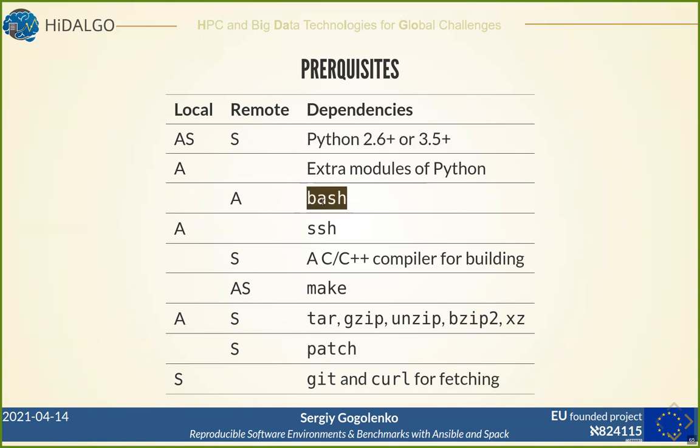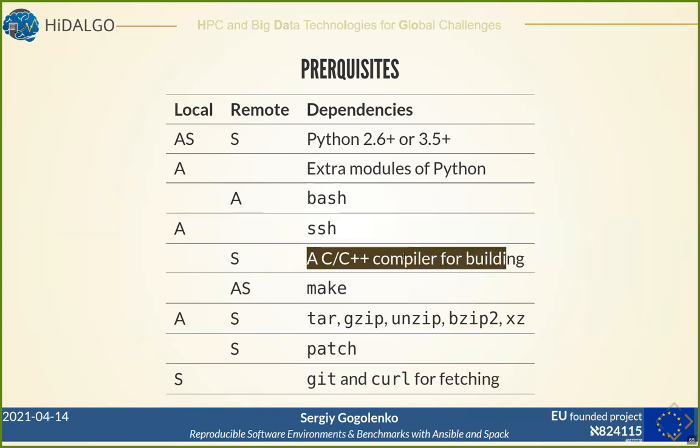Then we will need some shell, well, it can be bash. Here is a small mistake: we will need also an SSH client. Then we will need some compilers, so Spack could at least compile some basic packages in order to use them later on.